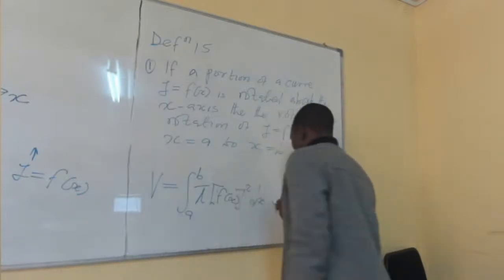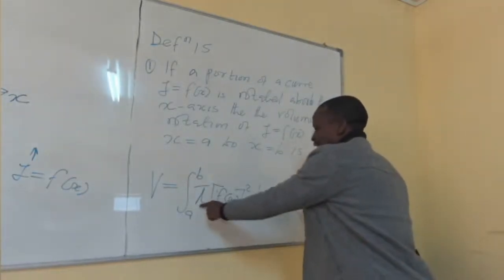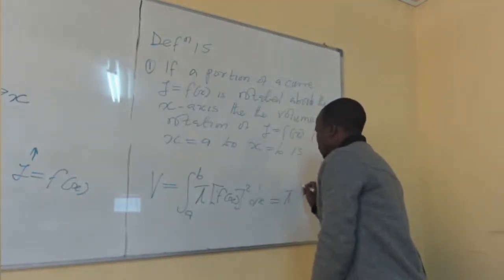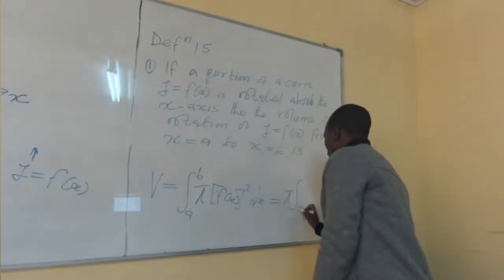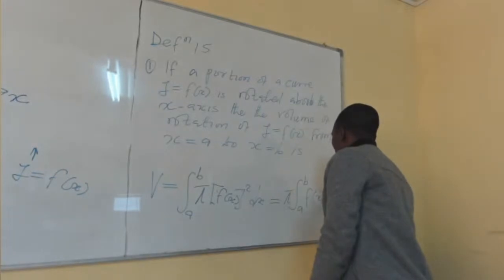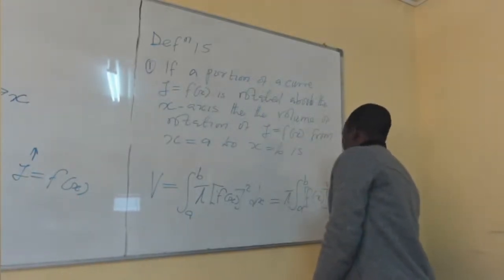Since pi is a constant, you can simplify this to pi times the integral from a to b of the square of f of x dx.